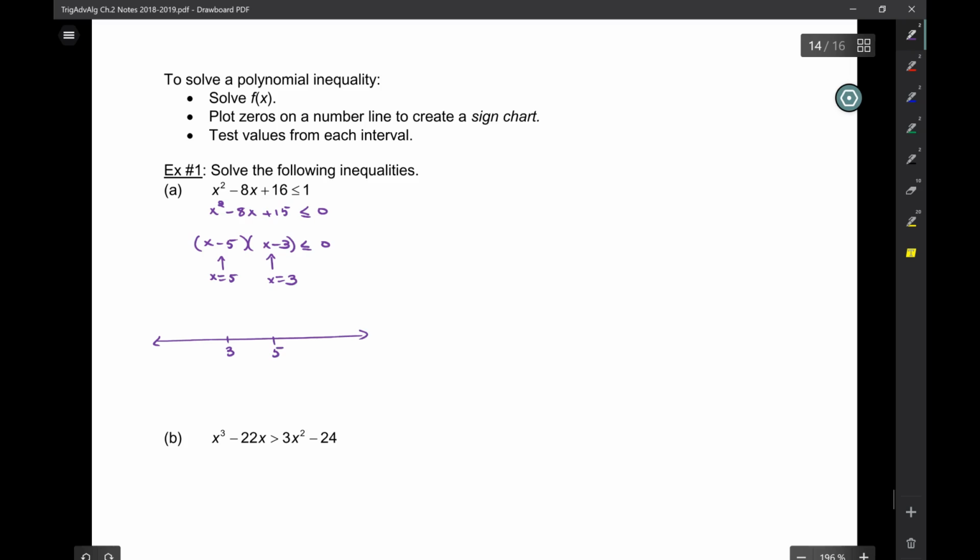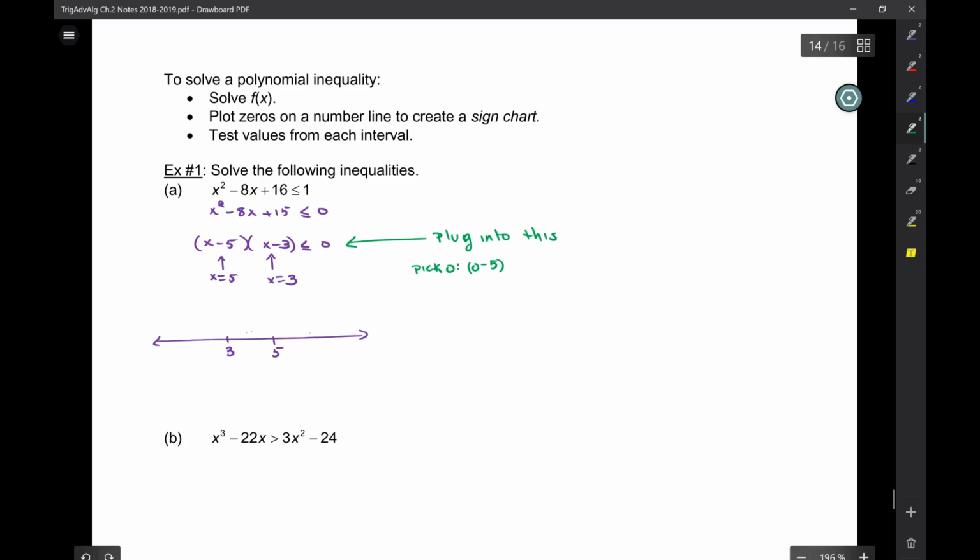And now that I've separated this into 3 regions, I want to plug numbers from each region into this and see if those values are going to give me positive or negative answers. So suppose from this region I pick 0, and I'm going to plug it into these.